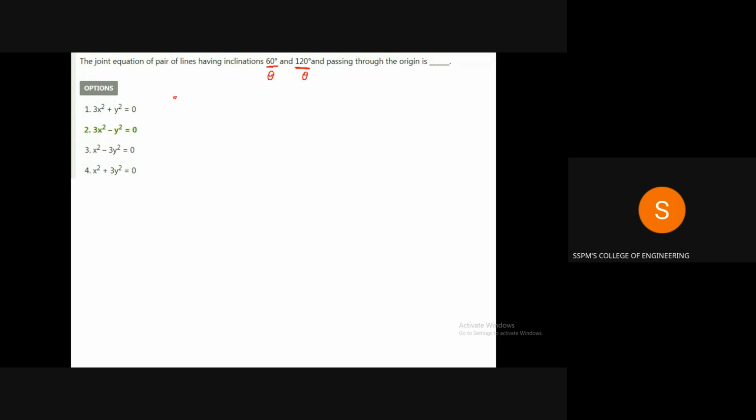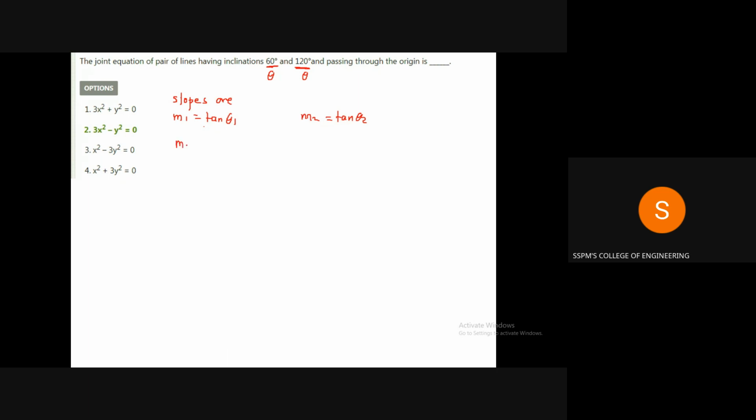So we already know what are the slopes when thetas are given. Slopes are, for m1 you can write tan of theta 1, and for m2 you can write tan of theta 2. Just very simple equation. This is when inclinations are given, slope is tangent of that angle. Okay, so tangent of theta.